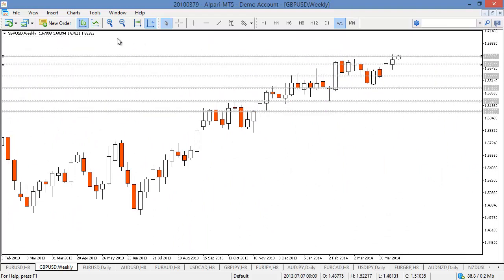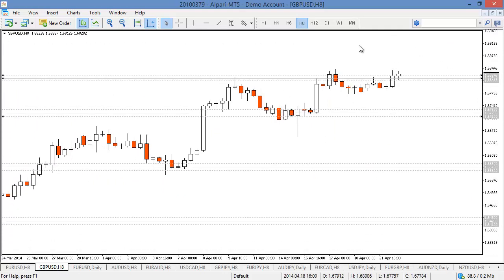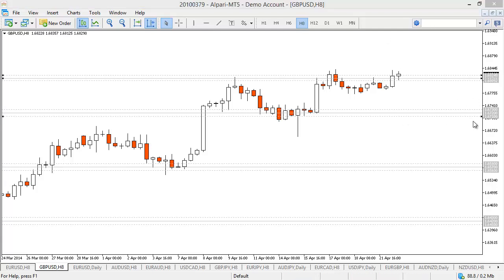So it's hard to place proper resistance areas up here for GBP USD. There's no resistance areas up here for GBP USD. I will be placing them this week, and I will update my support resistance areas on the website. I've also linked to the support resistance areas below this video. So for now, we're just going to look at the support areas.